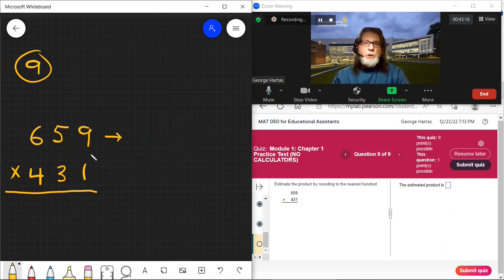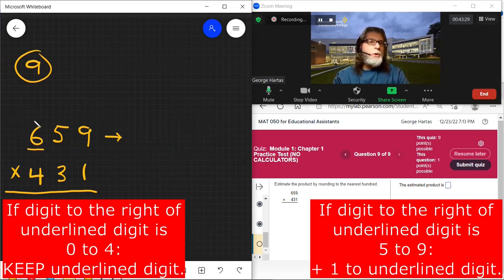Now, it's going to be the same format as the last problem. We have the ones, tens, hundreds. Underline the digit you're going to round to. That's the hundreds. You look at the digit to the immediate right. We don't care about further down.